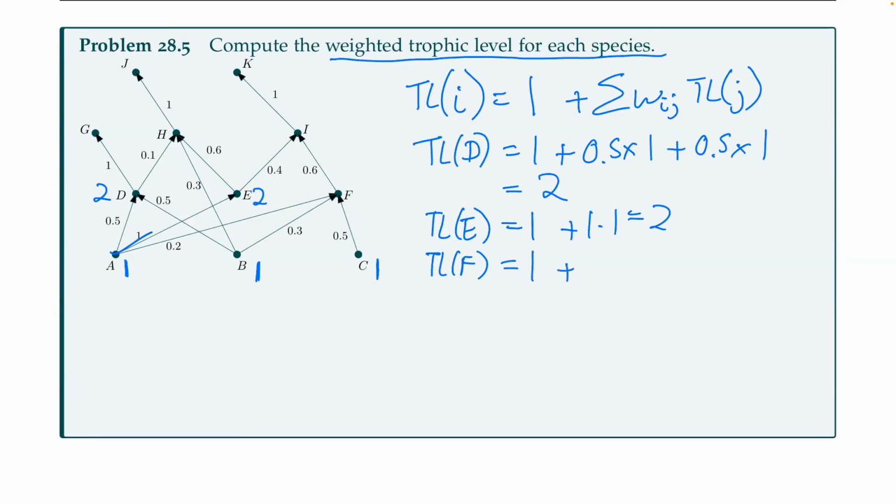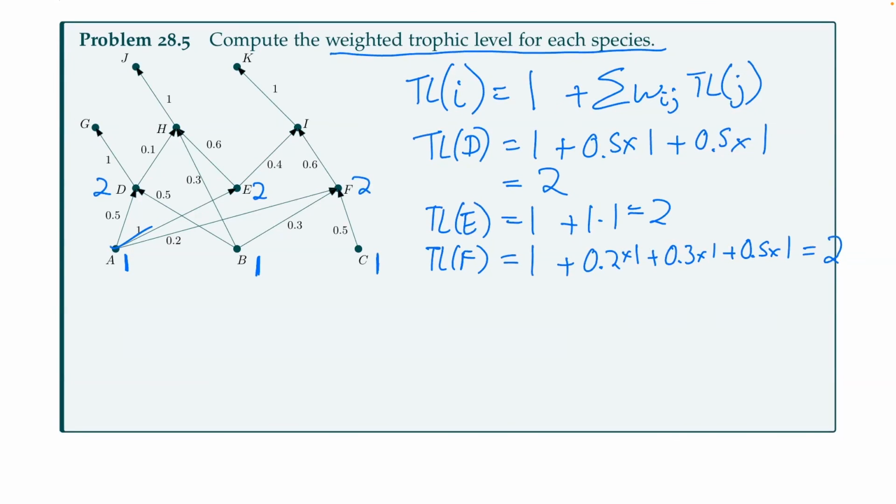We're going to have 1 plus, gets 0.2 or 20% of its diet from A. It gets 30% of its diet from B. And 50% of its diet from C. These all have trophic level 1 anyway. So this is going to work out to be 2. Trophic level of G. So here we've got 1 plus, it gets all of its food, so 100% of its food from D. D has trophic level 2. So G has trophic level 3.